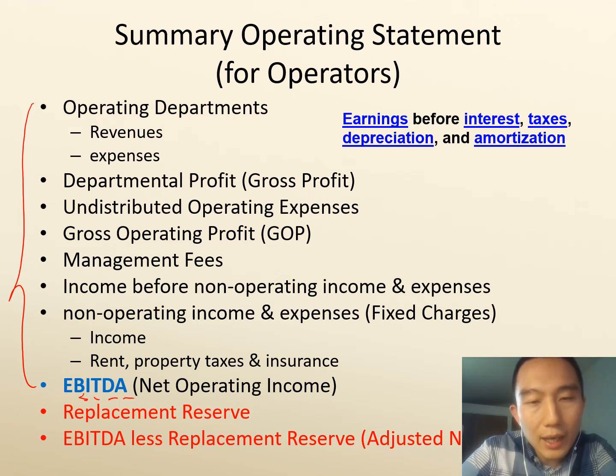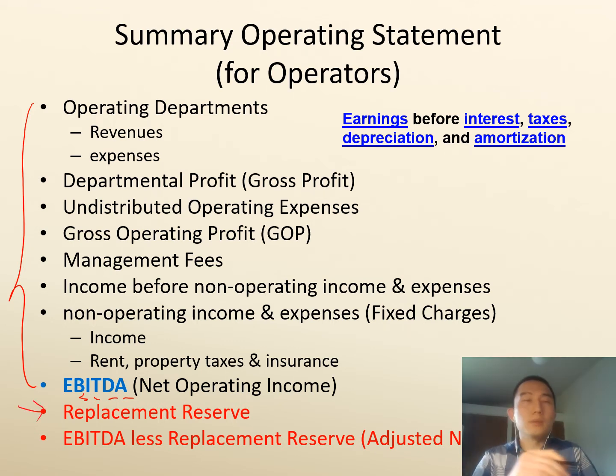After we get our EBITDA for operators, we look at the replacement reserve, which is the income we reserve for maintenance or for replacing equipment or assets used in a hotel.